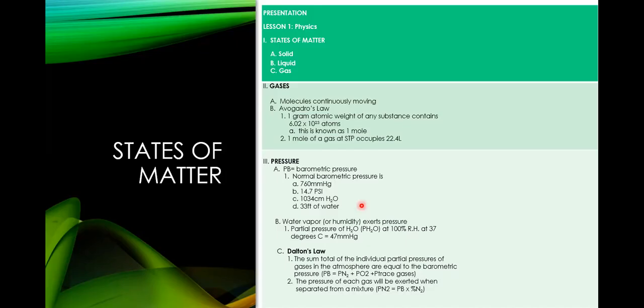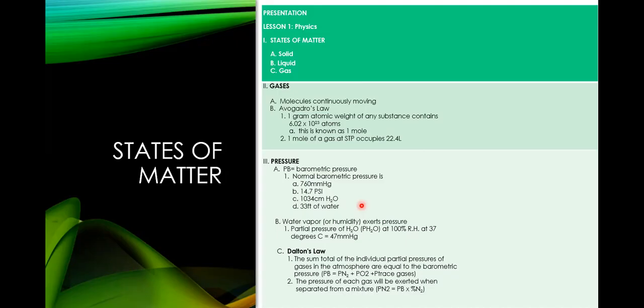All right, now we talked about the water vapor. When we inhale gas, the nose, which is the primary humidifier of the body, heats and moisturizes the air we breathe. It gives us the humidity that we need, and that humidity is known as water vapor, AKA humidity. That water vapor exerts a pressure.